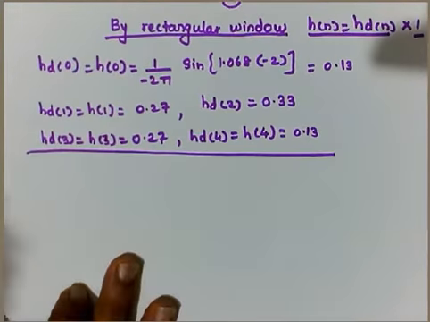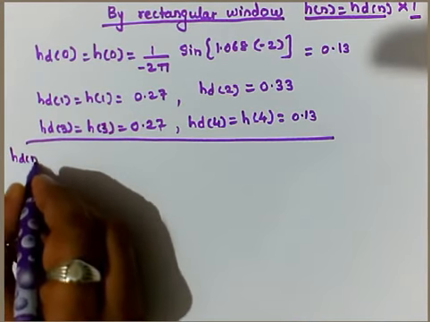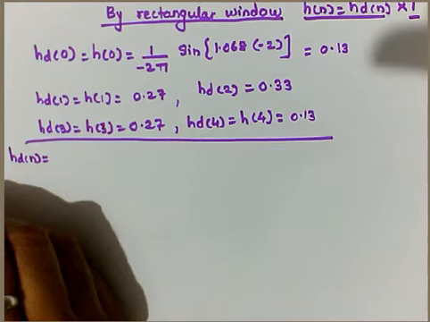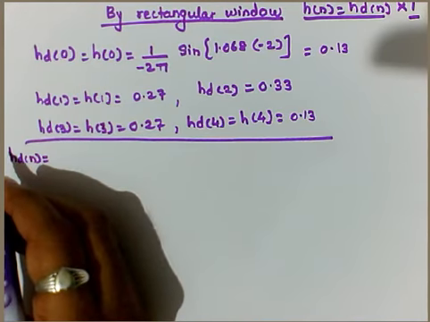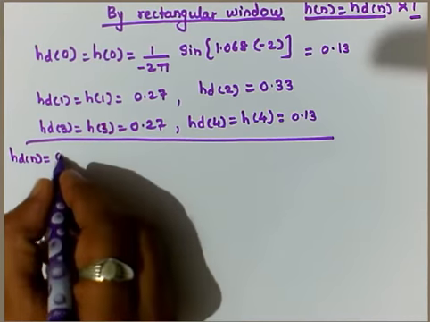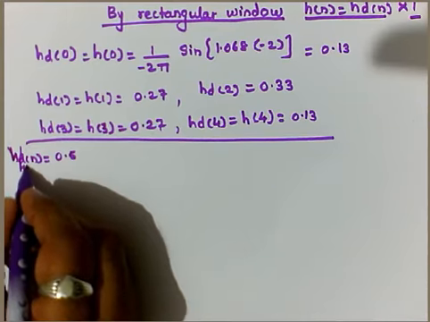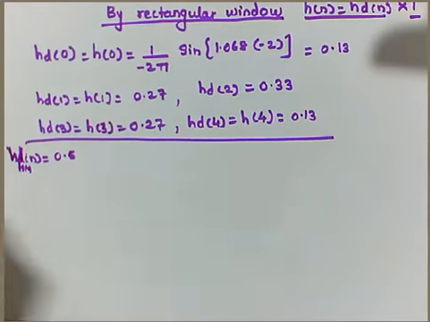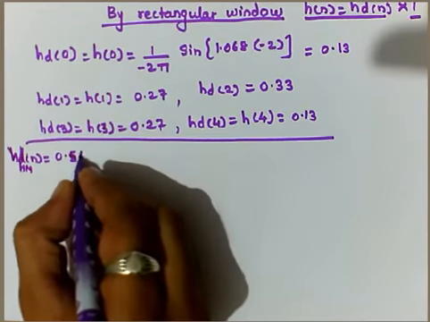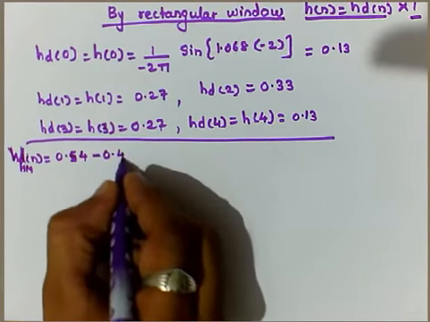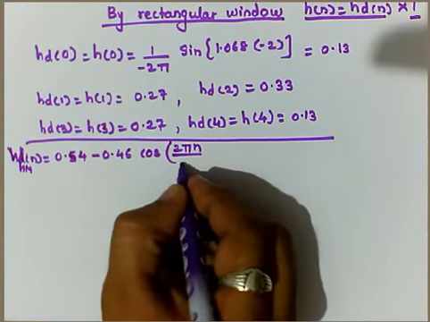Let's see what the Hamming window technique is. We just need to apply the formula: hd of n is multiplied by w of n, which is WHM. WHM is given by 0.54 minus 0.46 cos 2 pi n by m minus 1.